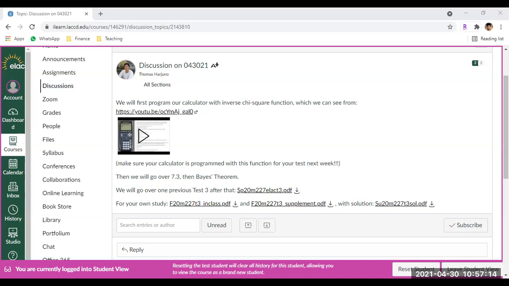Less than 16 ounce. That's normal CDF, negative E99, up to 16, the mean 16.2, standard deviation 0.8.